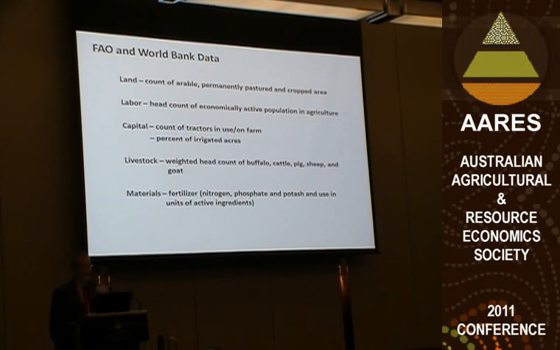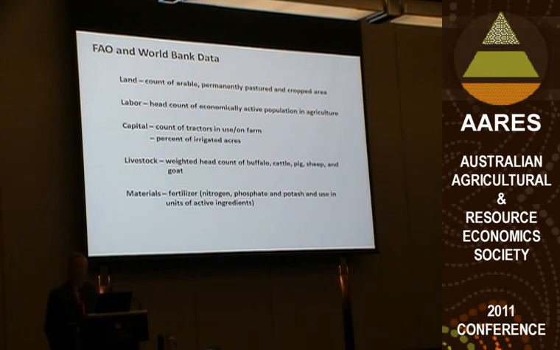There's no attempt to account for innate differences in the quality of that land or to differentiate between irrigated and non-irrigated land. The labour count is again just a head count of labour in agriculture.